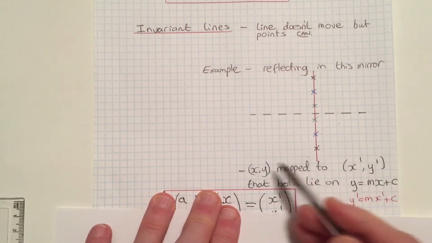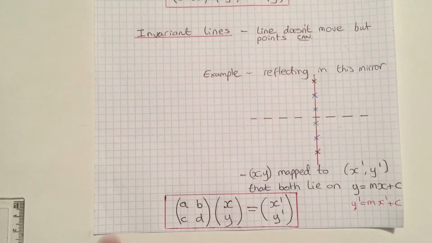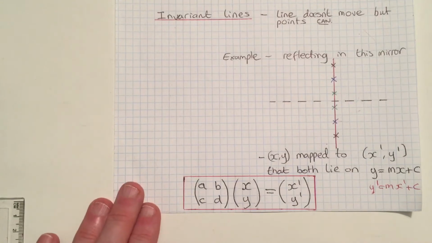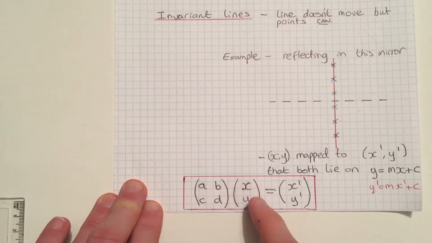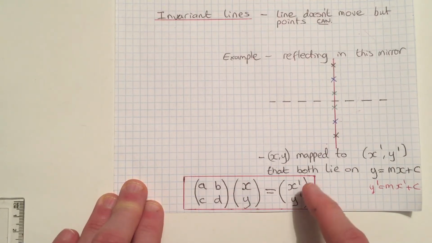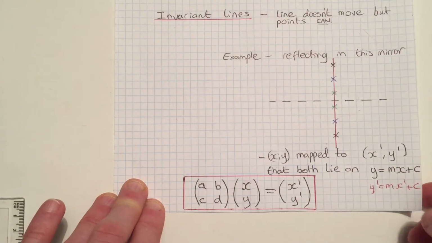So both sets of these coordinates would obey this equation. And again, representing this with the matrix equation, I'd have ABCD times xy would give x dash y dash. So that is the theory.